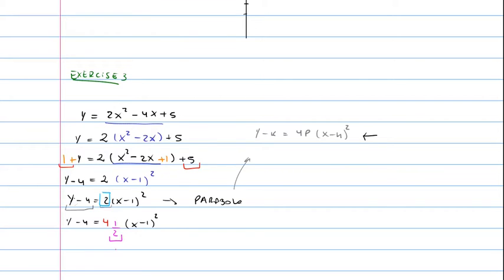So now this 1/2 is p. The 4 is k. And h is 1. So now we know that the vertex for our vertical parabola is in h, k, that is 1, 4.